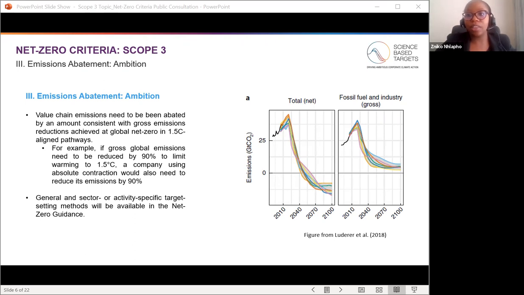As such, the net zero criteria requires Scope 3 emissions in the emissions abatement boundary of net zero targets to be reduced by an amount that is consistent with reaching a global net zero goal in alignment with 1.5 degrees Celsius. This topic is more extensively covered in the emissions abatement and residual emissions video. I would therefore encourage you to have a look at that video specifically.